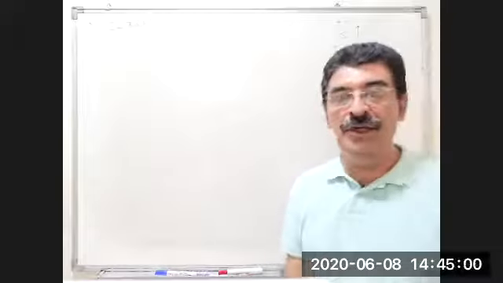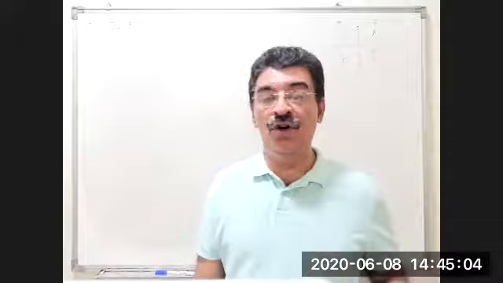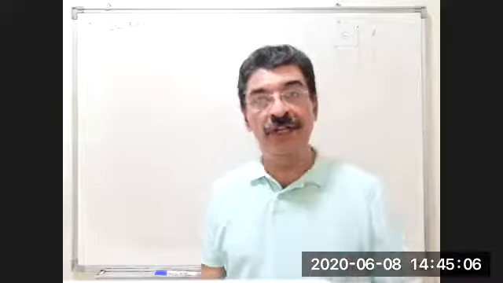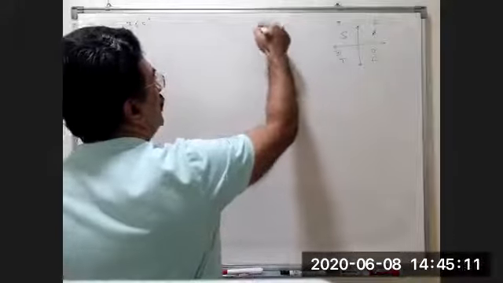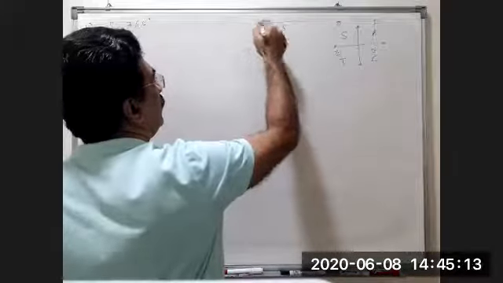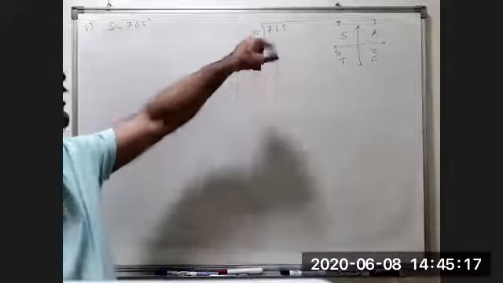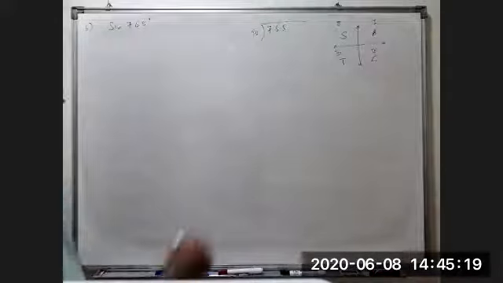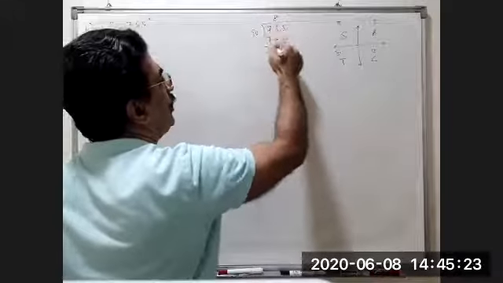765. So what to do is check the multiple of 90, whether odd or even multiple. For checking it, divide by 90. 765 divided by 90 gives 9, 8s are 72, so 90 into 8 is 720. Left out is 45.